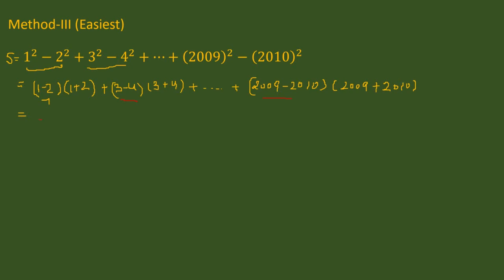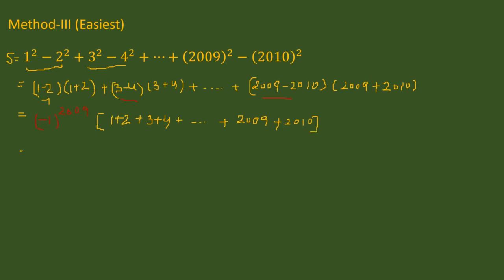So you can write this as minus 1 raised to the power 2009. And what are you left with? 1 plus 2 from the first factor, 3 plus 4 from the second factor, and continuing like this, 2009 plus 2010 from the last factor.